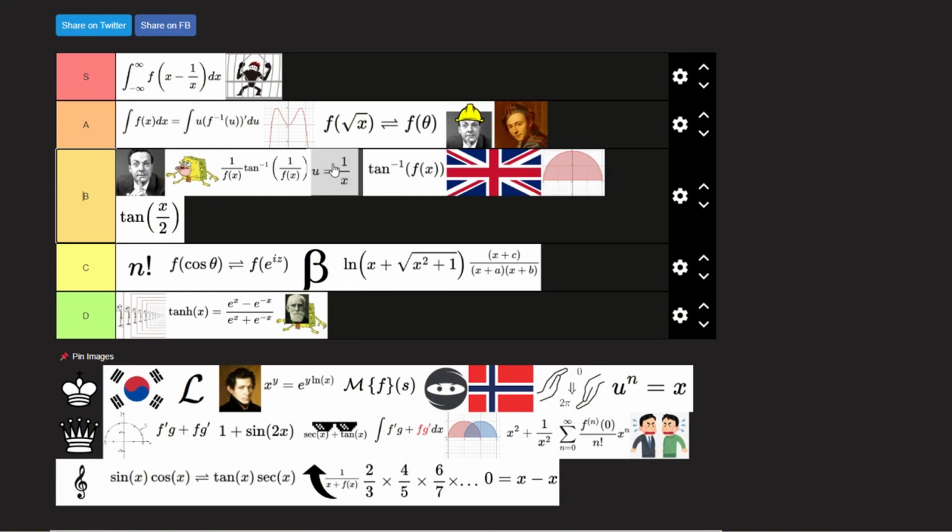Or maybe I'm too harsh. Maybe u equals 1 over x, I'll put it next to Feynman Technique. It is a lot helpful. It does convert an ugly integral to a nicer integral, but it's still a hassle sometimes.